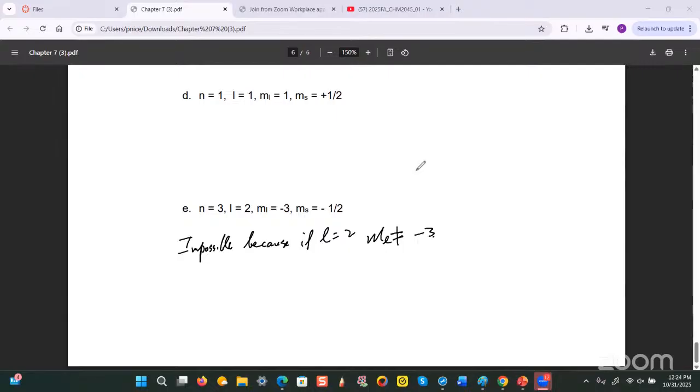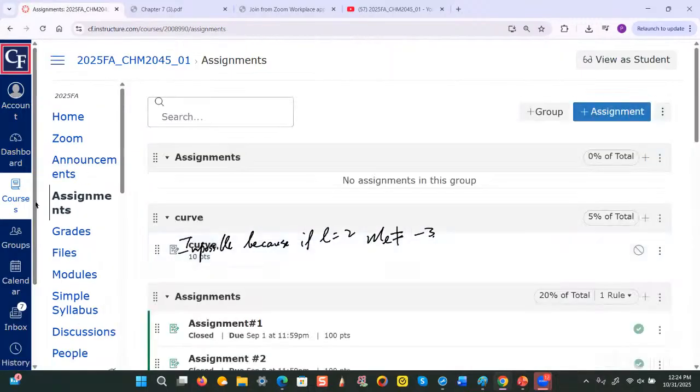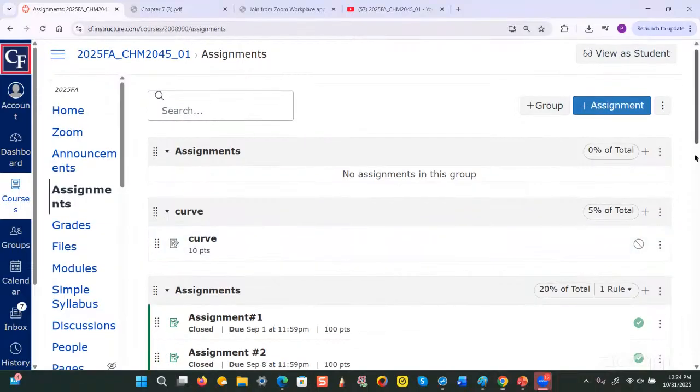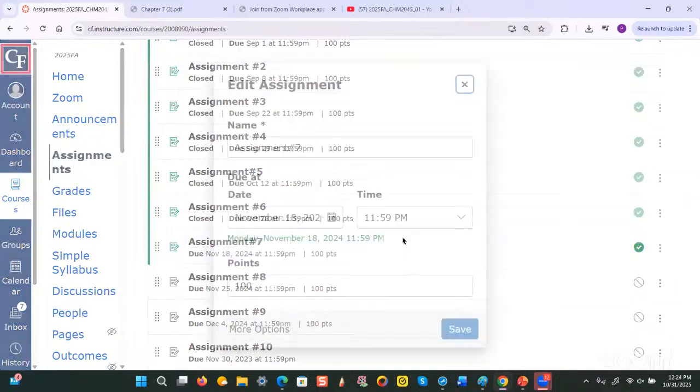Okay, that's it for this chapter, and that's it for this assignment. So what I'm going to do now is create a Dropbox for this assignment. So let me go to assignments. So this is assignment number 7. And let's see here.